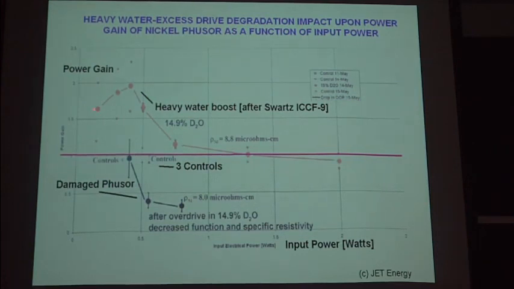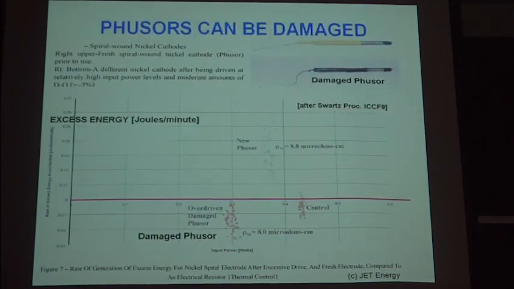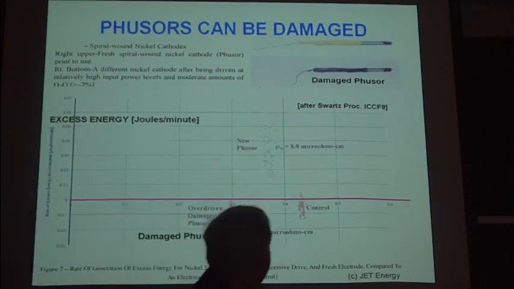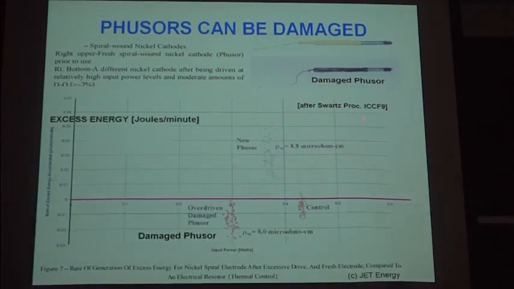We don't know. Here we see the impact of adding up to 15% heavy water boost to the ordinary water system. And as I told you, if we drive it too hard or put too much in, we damage it. And here you can see an actual picture of this. Let's take a look.